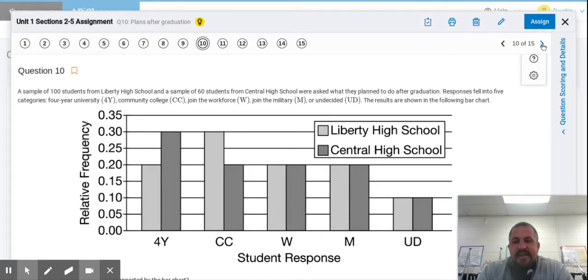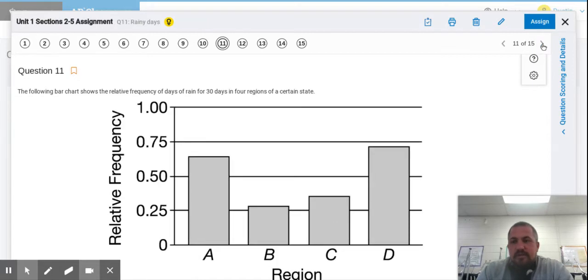Question 10 is a double bar graph, and we use that to compare two different schools. So there you see we're comparing Liberty High School and Central High School to each other. You have a double bar graph there to compare the two. In question 11, we're back to just a regular bar graph, but notice that it has frequency, so percentages is the vertical axis.